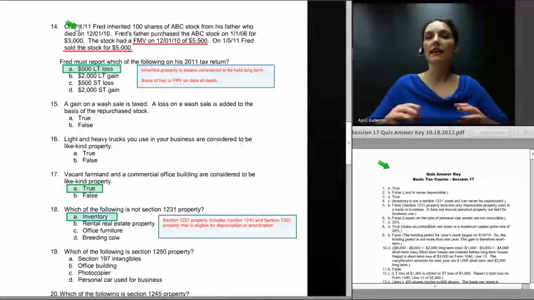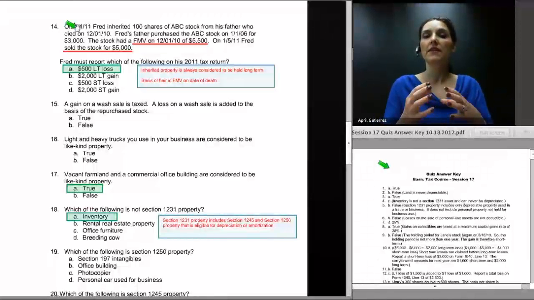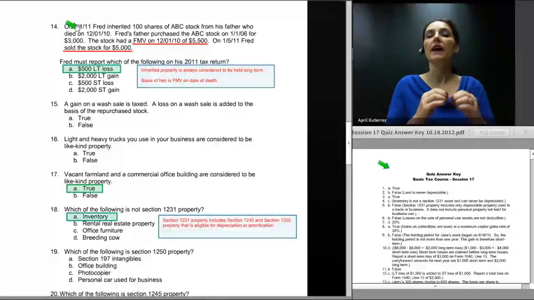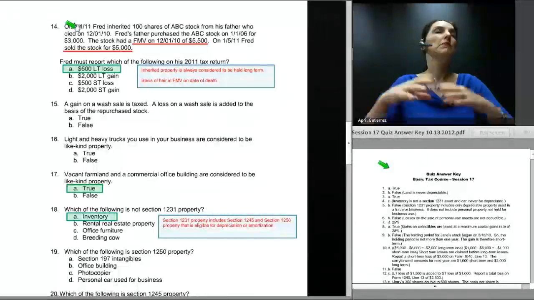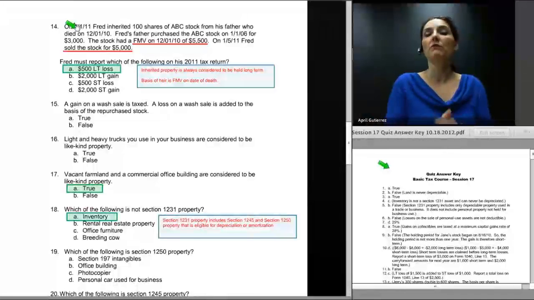And when you are looking at inherited property, the cost basis that a person or a beneficiary has in property that they inherited is going to be the value of that property as set by the estate. Most estates will never do valuations because they're so small, they simply don't need to file estate returns.